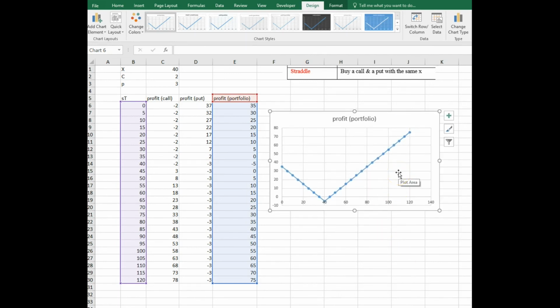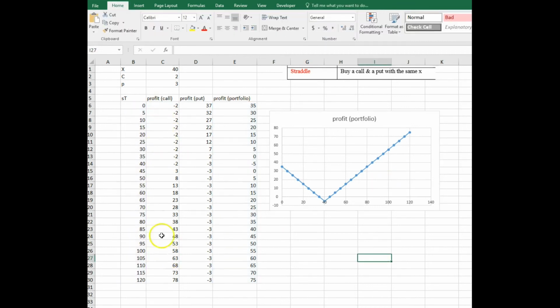So when the stock price increases, we exercise our call. So we have a positive region here. If the stock price is going down, we exercise our put. So this is a positive region for the put. When stock price is here, we are going to lose our initial investment.